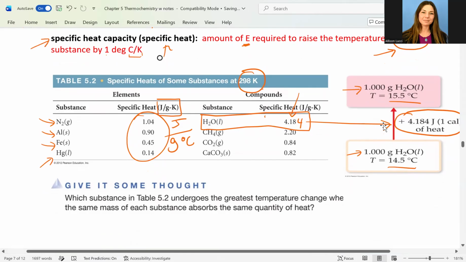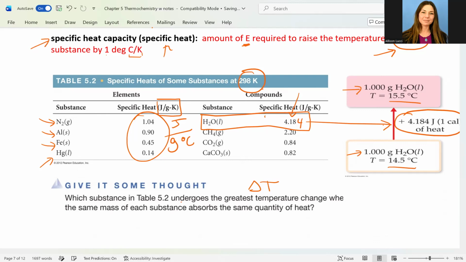We're asked here to give it some thought and look at table 5.2. We want to know which substance would undergo the greatest temperature change, so the greatest delta T, when the same mass of each substance absorbs the same quantity of heat. So Q and m are constants, right?